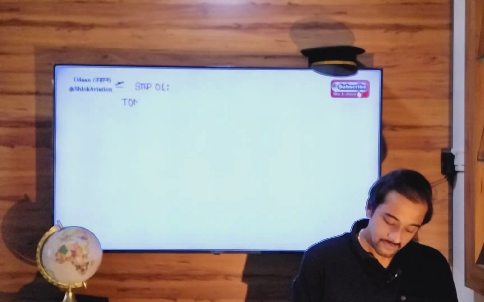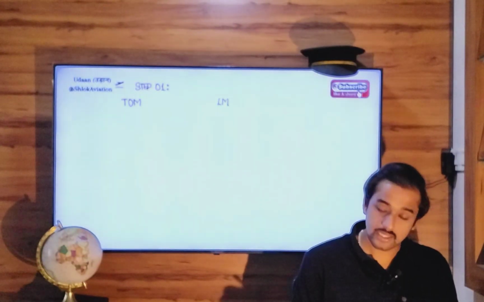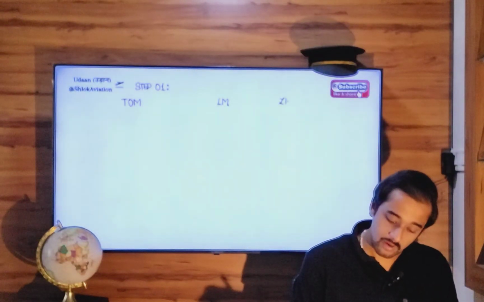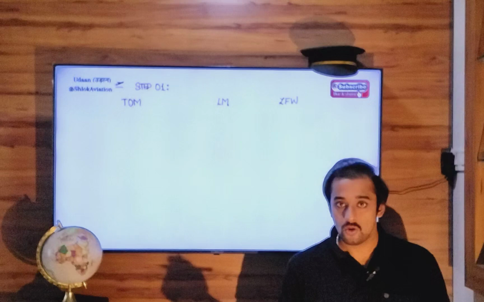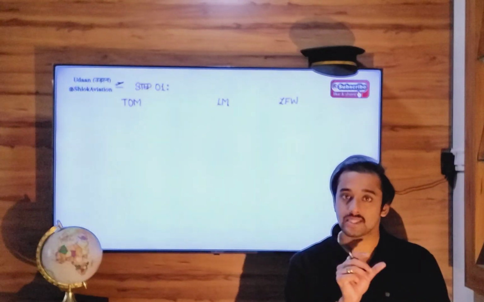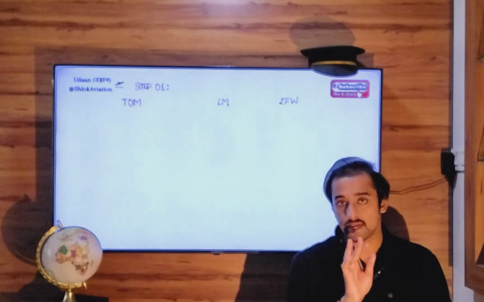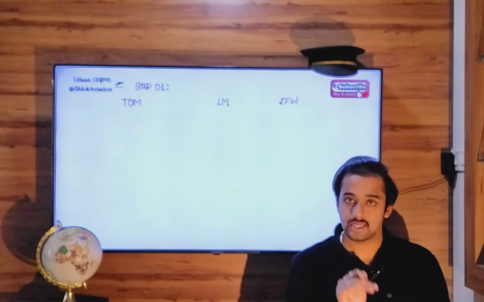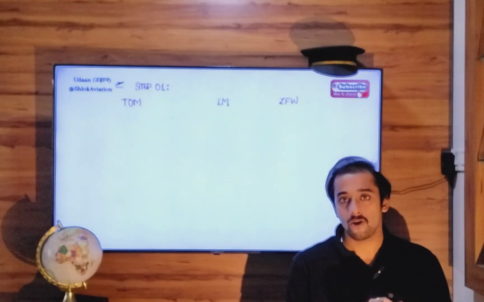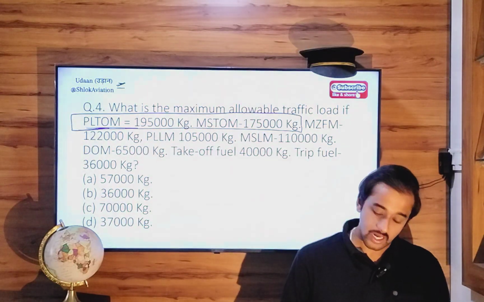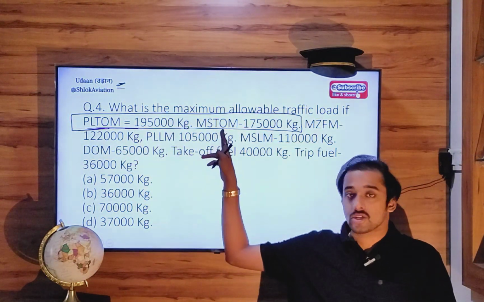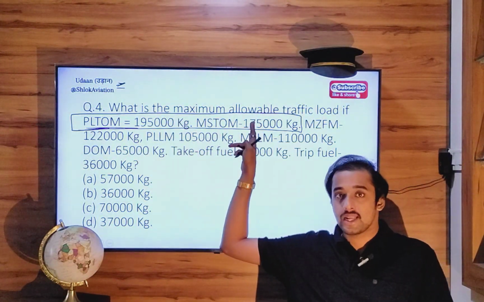Draw 3 columns, one for takeoff mass, another for landing mass, another for zero fuel mass. Now in the column of takeoff mass, you have to write the takeoff value which is going to be the least of maximum structural takeoff mass and performance limited takeoff mass. So there are two takeoff masses, performance and structural. Which is the lesser value?